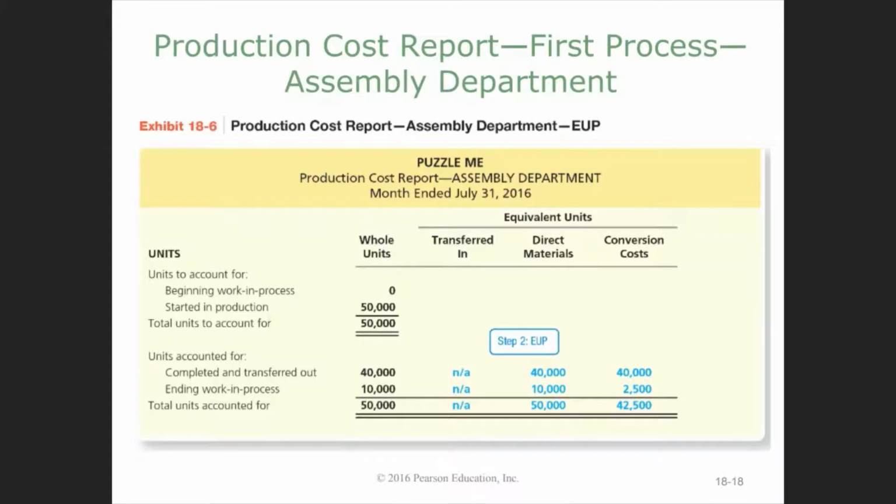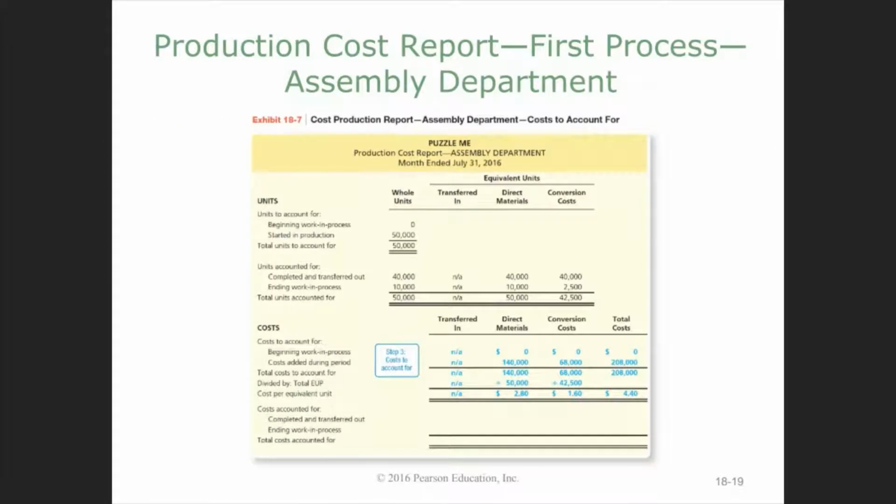We also have conversion cost. For conversion cost, we've got the 40,000, but our ending work in process is 2,500. So we're going to end up at the total units accounted for would be 42,500 cost to account for.